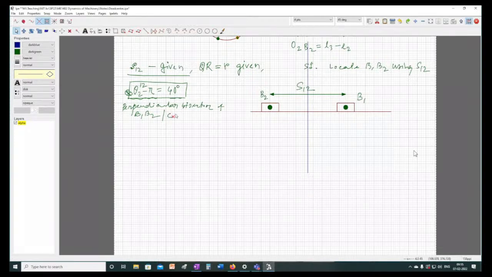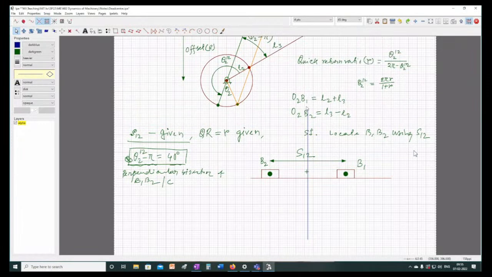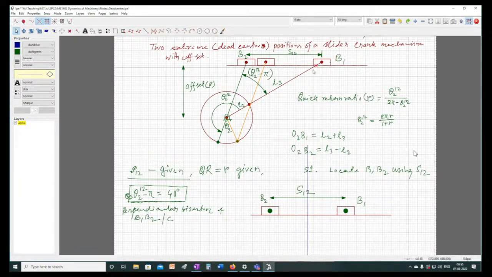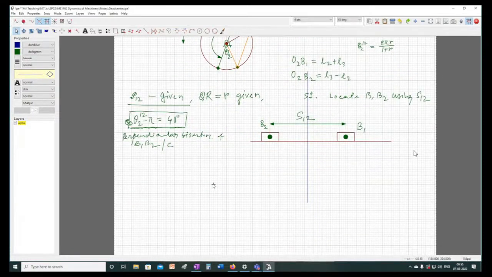Now we have to locate the center of these three points. This one, and this one. So that center point is C. To do that, this angle B1, C, B2 is equal to twice the angle theta 2 minus theta 1, which is pi. For our case, we have assumed this angle is 40 degrees.